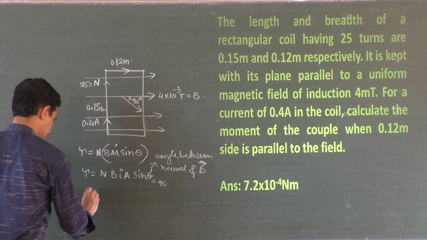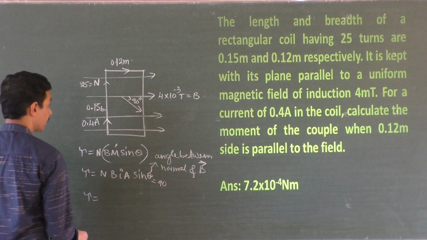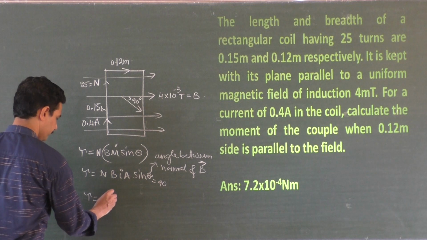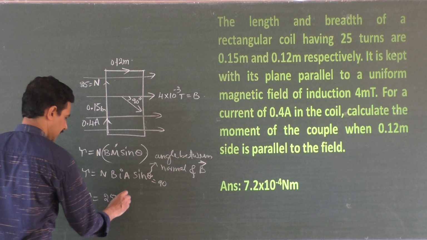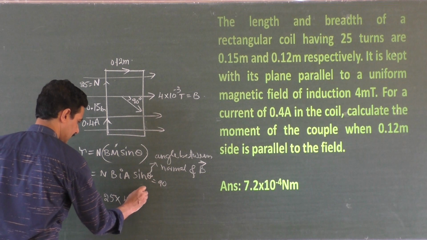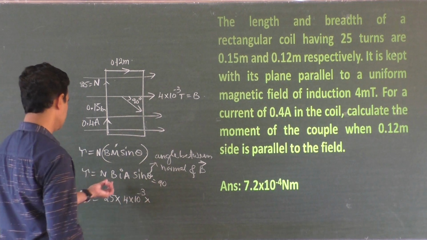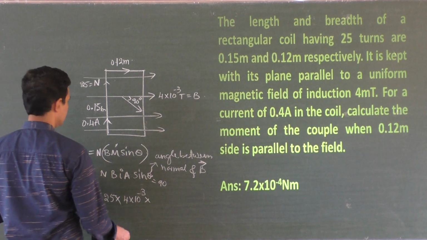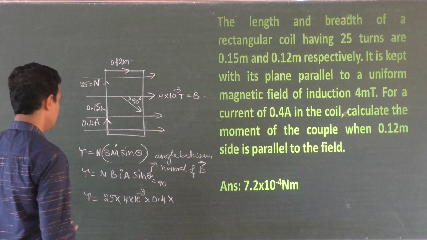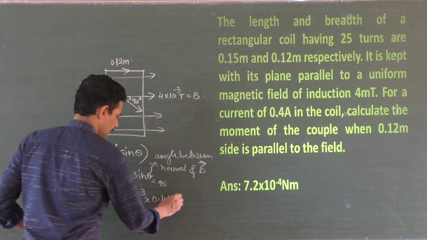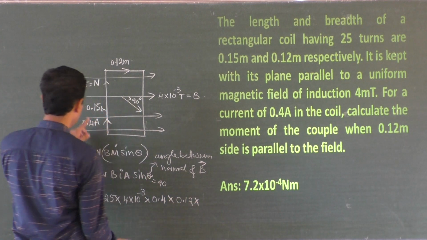So what is the torque acting? Tau is equal to the number of turns in the coil, which is 25, and the strength of the magnetic field is 4 into 10 to the power minus 3 Tesla, and the current in the coil is 0.4 amperes, and the area, length into breadth, 0.12 into 0.15.